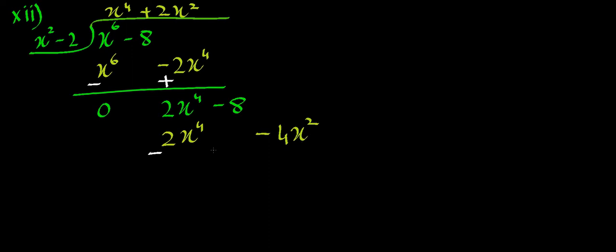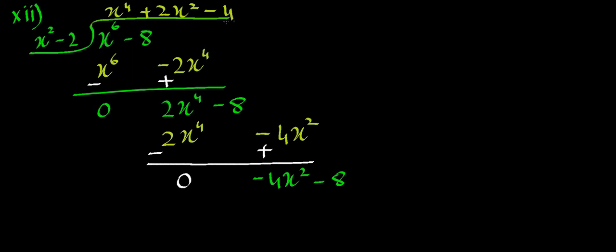Let's do the subtraction, change of signs. And now I have 0 over here, minus 4x square, and this minus 8 comes down here. Now, continuing with the subdivision, x square multiplied by what will give me minus 4x square? I think you must have got it by now. It's minus 4.